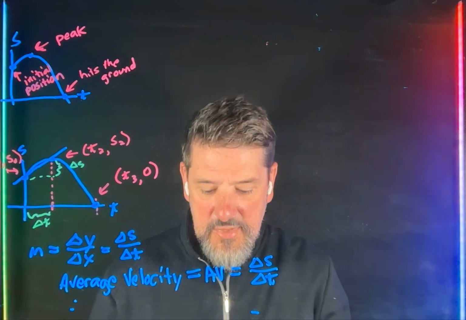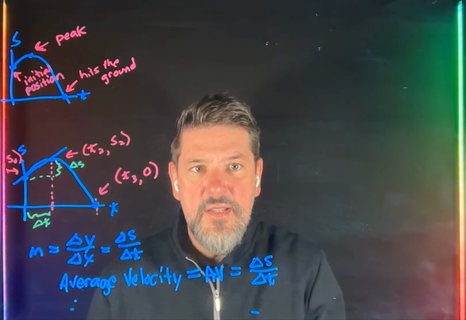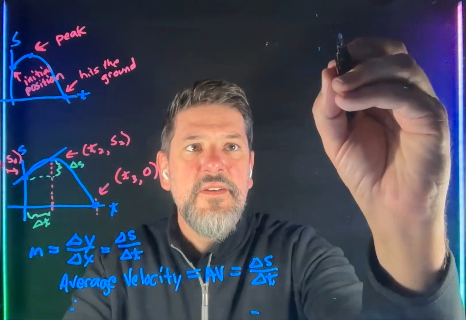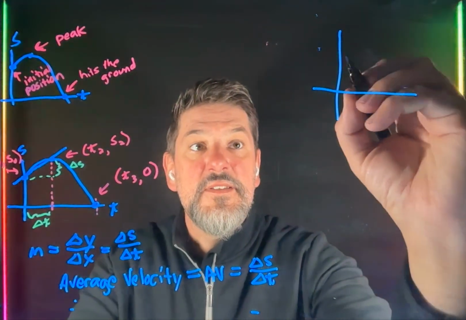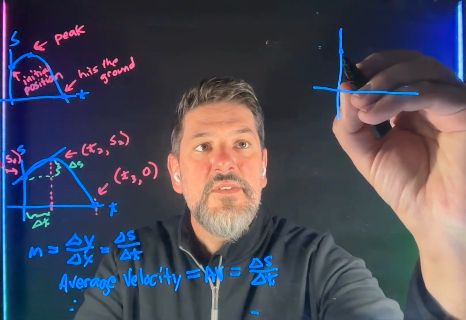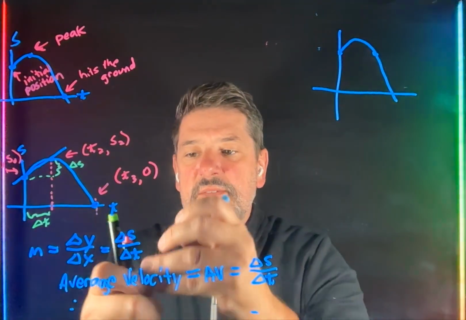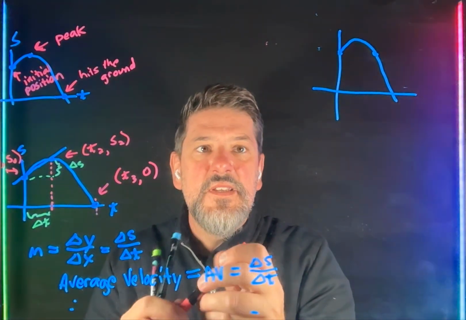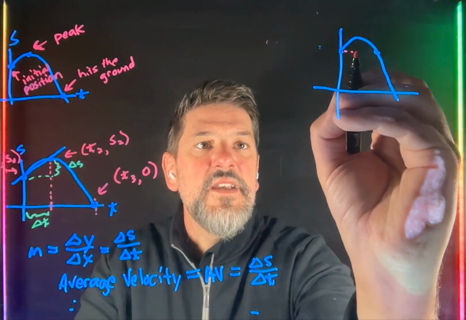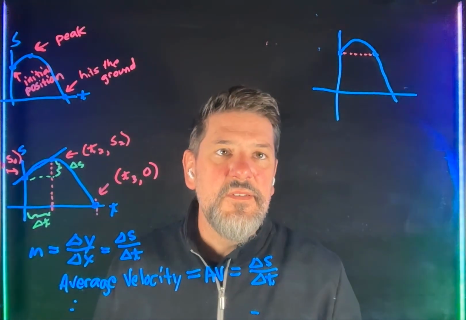Now, I want to point out something really quick, and that is what happens if my position is the same between 2 points. So it goes up, it comes back down again, and let's say we look at the difference in position between these 2 points, which have the exact same y position.